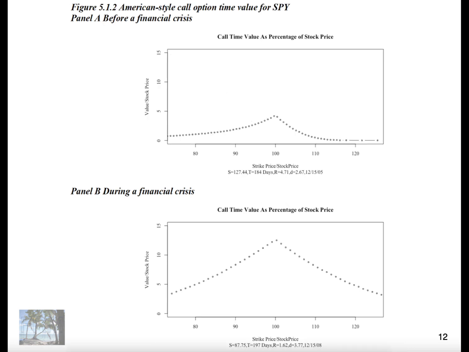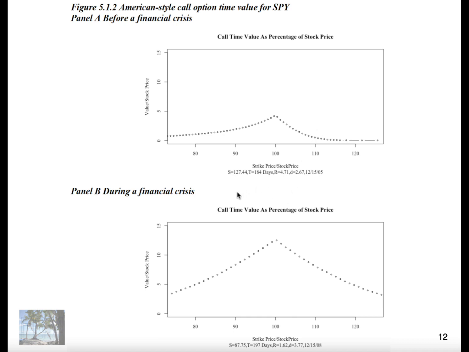If we turn now to focusing on the option time value, there are a couple of insights to notice. One is that the time value is not symmetric, so if I go further in the money, this doesn't look the same. There's more time value than out of the money.